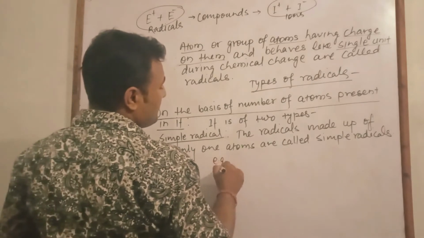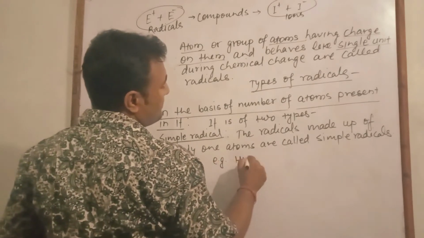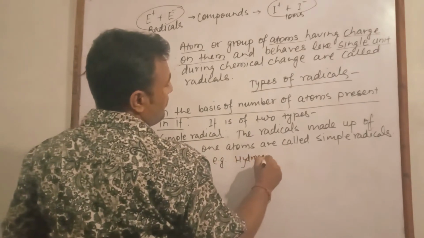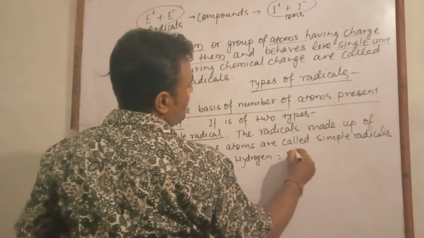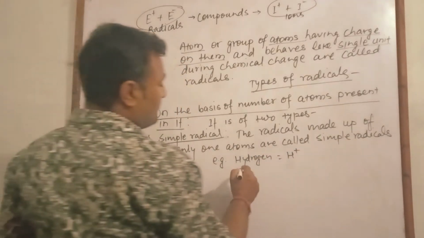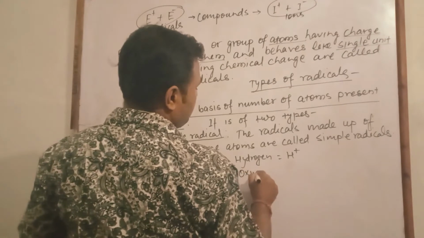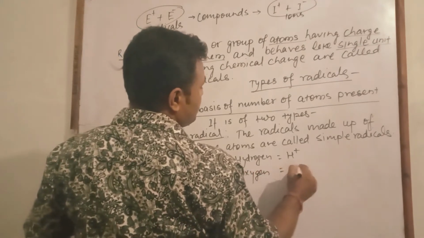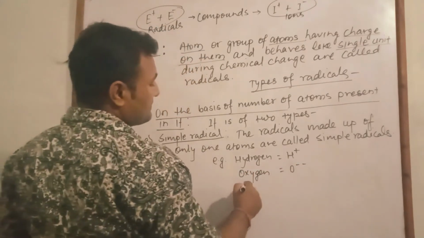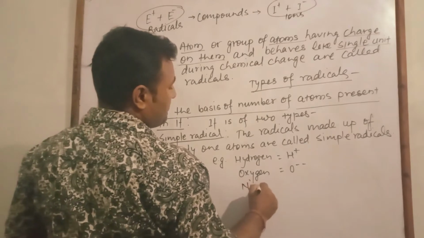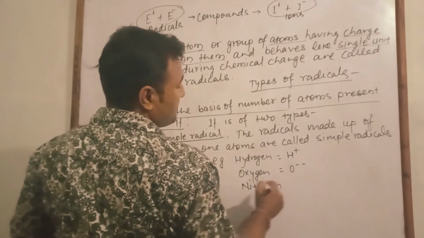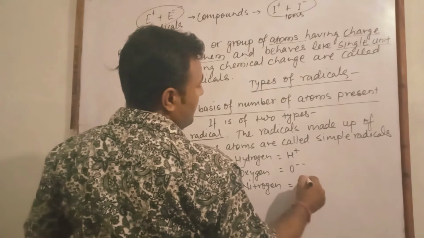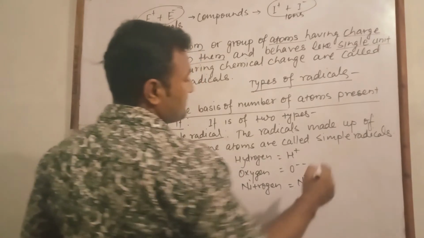As for example, hydrogen is a simple radical. Why? Because it contains only one atom. Oxygen is represented by O minus minus. Nitrogen is represented by N minus minus minus.